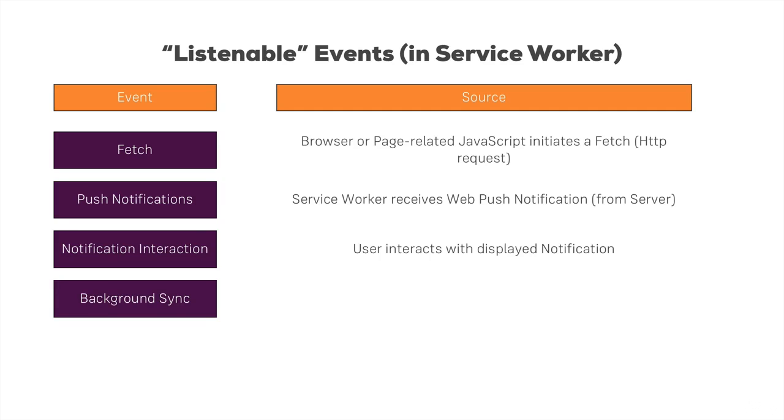Another useful event is background synchronization. Imagine a case where you don't have a good internet connection and you send a post. If the internet connection is bad, that will fail.